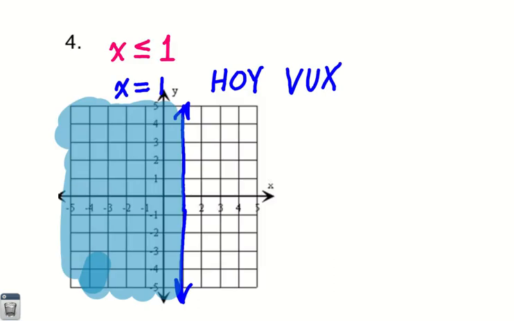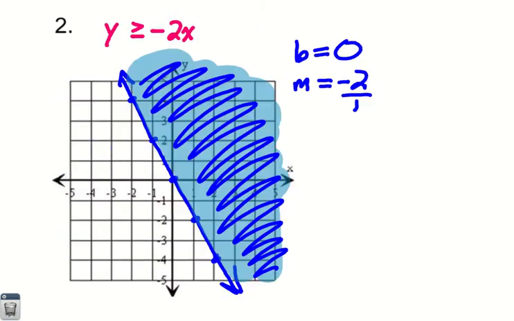So quick recap: unless you're dealing with a vertical line, where there's a little special consideration, you pretty much just use mx plus b to draw your line, but you have to make it dashed sometimes, solid sometimes, depending on the symbol, and then you shade above or below, depending on the symbol.